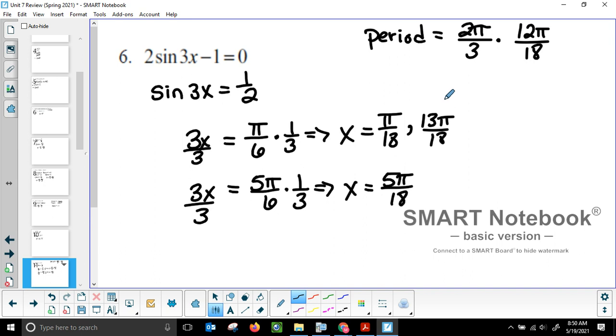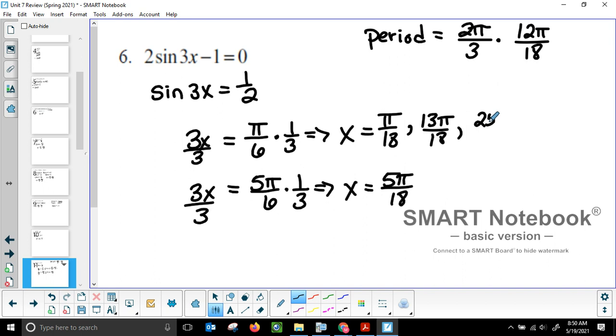All right, now remember our directions at the beginning, which you can still easily see on your review sheet, although there are multiple slides back now. They said that we're looking for all solutions between 0 and 2 pi. Is 13 pi over 18 still between 0 and 2 pi? Yeah, sure is, because 13 over 18 is between 0 and 2. So let's see if I can add 12 pi over 18 again.